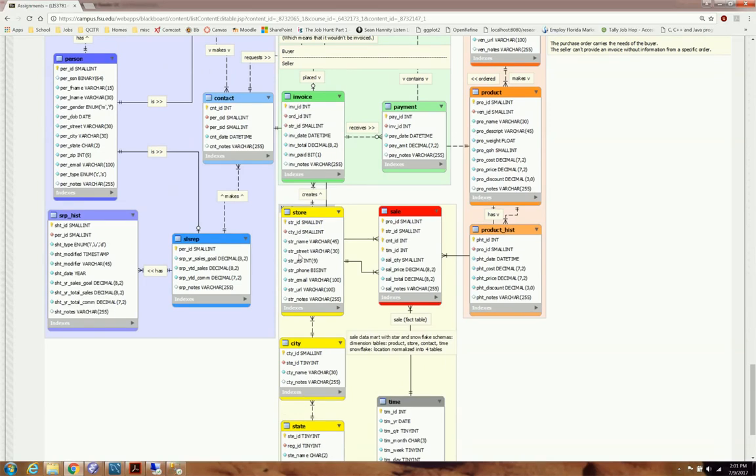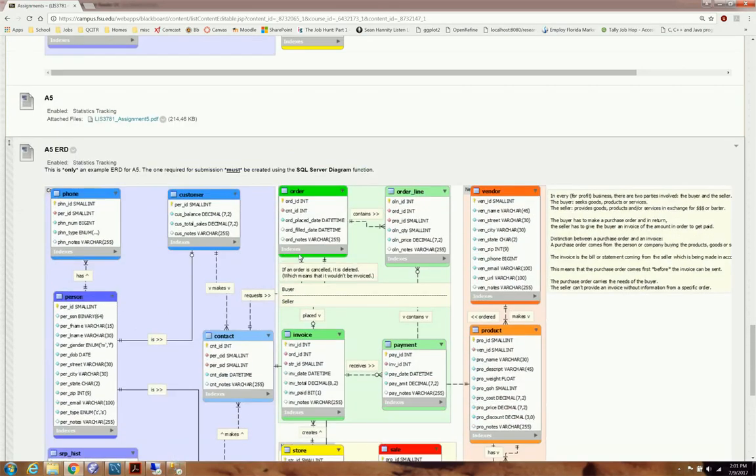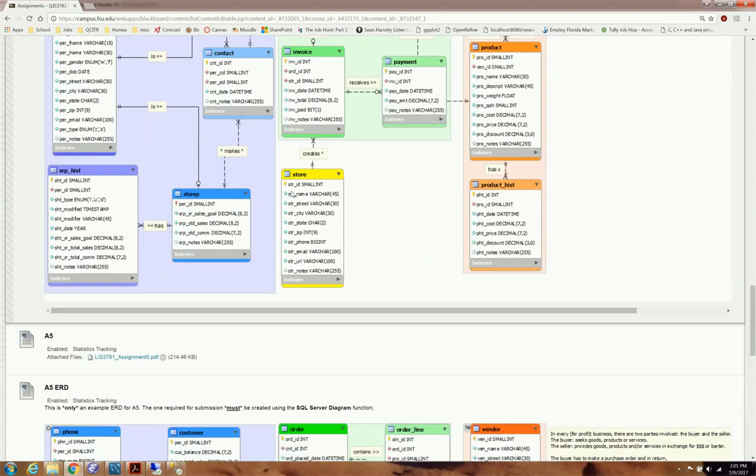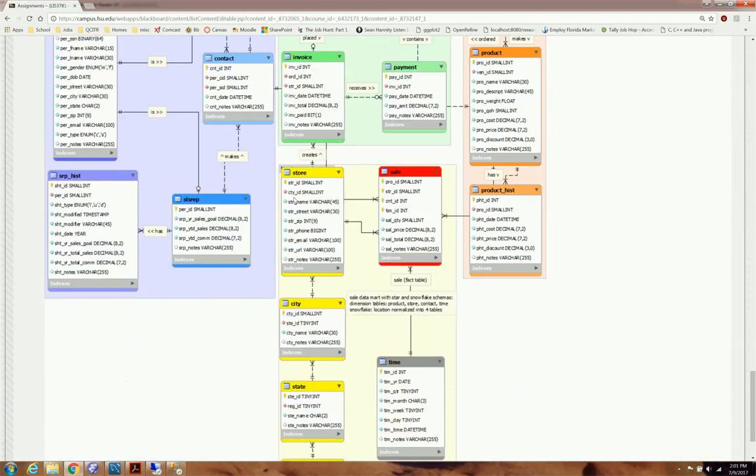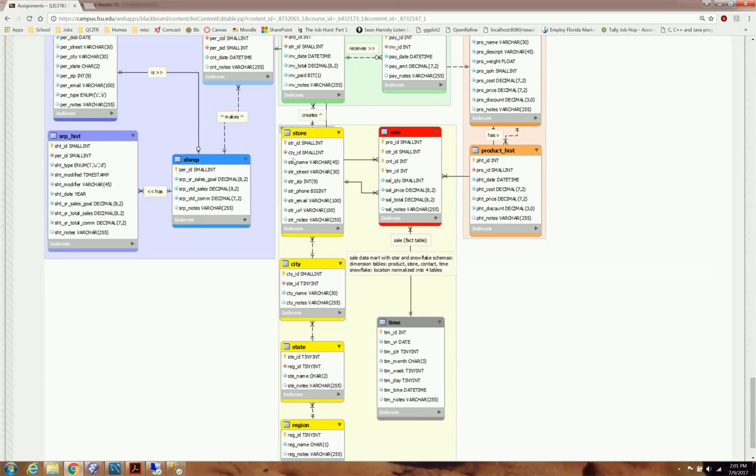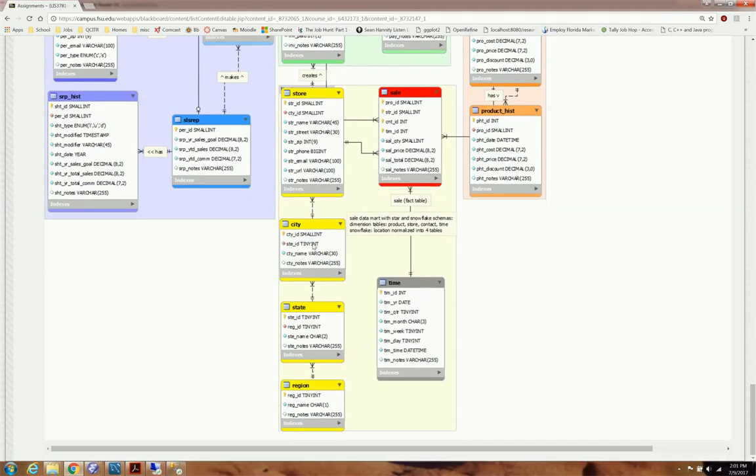Now, again, notice the difference here between store and A5 and A4. A4 does not have the city ID as a foreign key in the store table. So that's the first modification you have to make, is make a city ID here. But before you do that, you want to make a region table, a state table, a city table, a store table with these attributes right here. And then, of course, each child table contains the foreign key of its parent table.